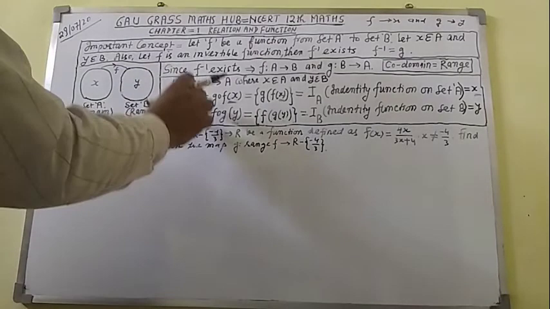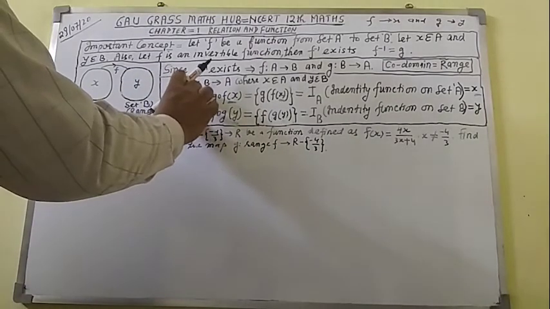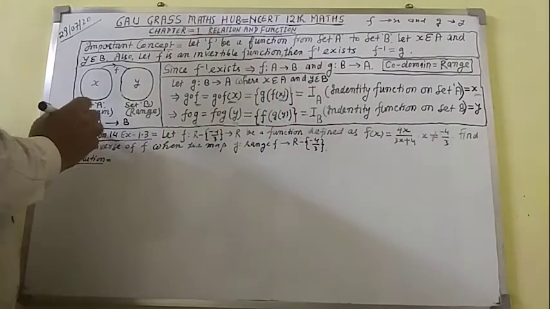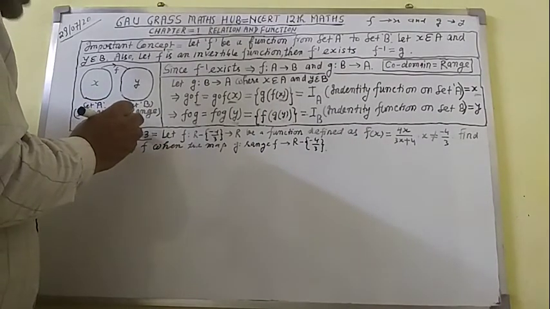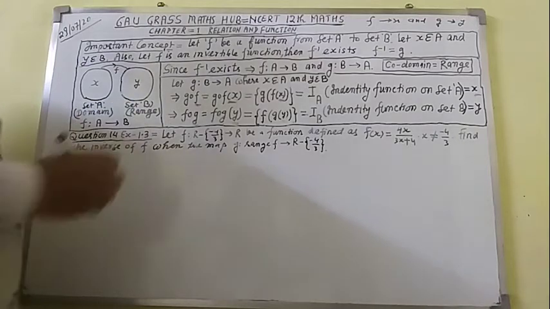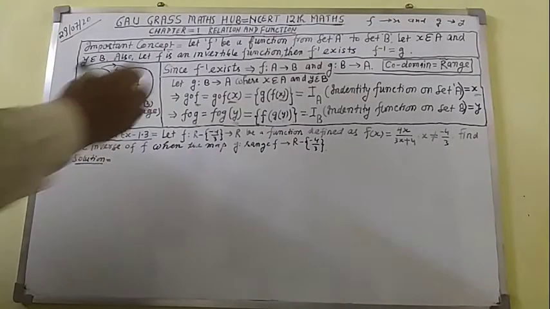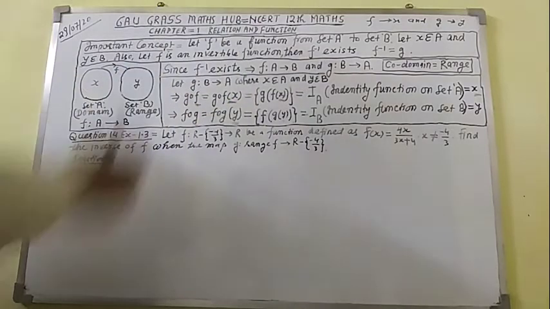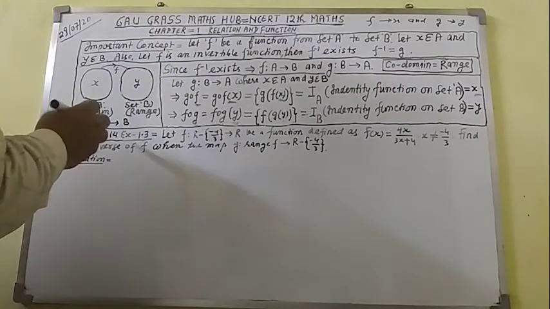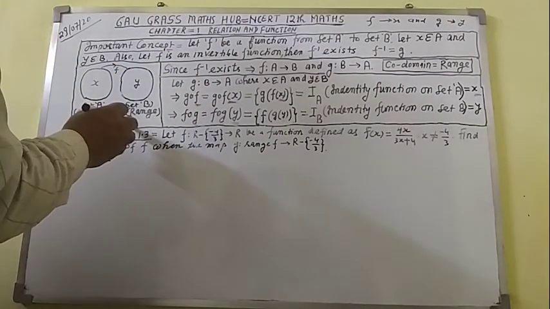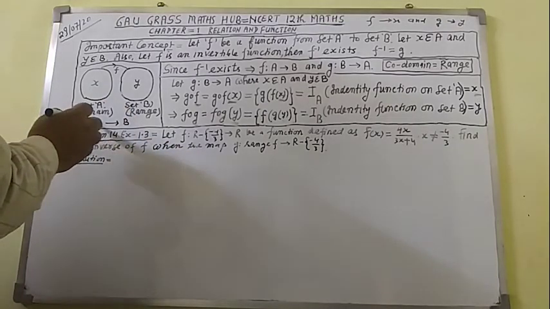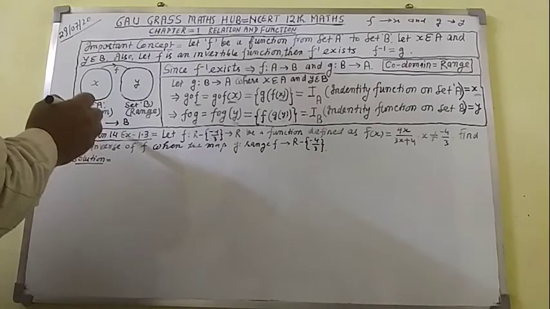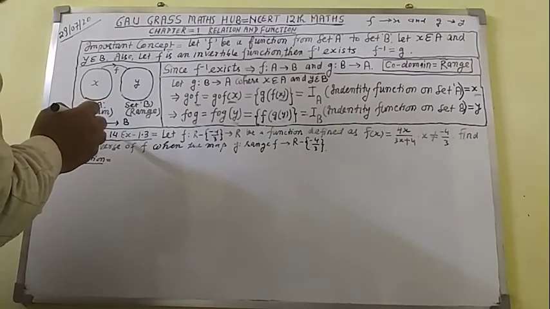If you write these two statements, the first statement is f is a function from set A to set B. This is the original statement. If f inverse exists, then the opposite of this statement will be f converted into g, and A and B mutually interchanged.